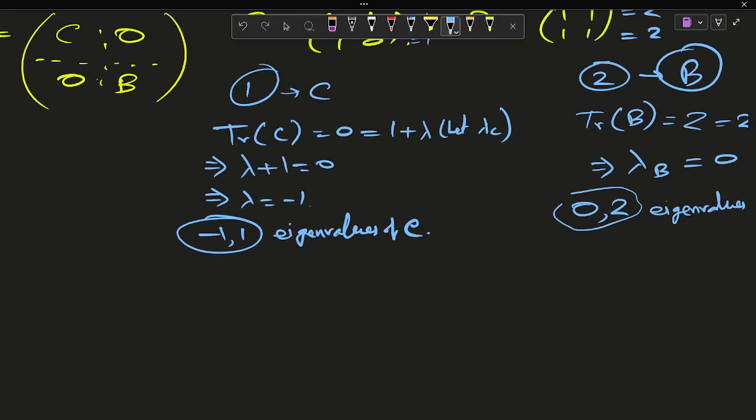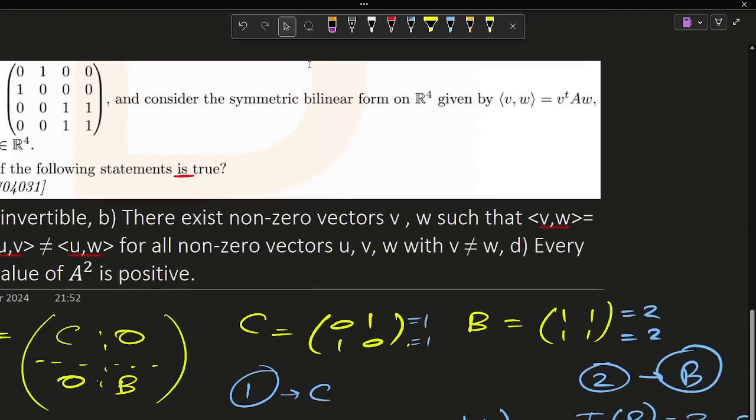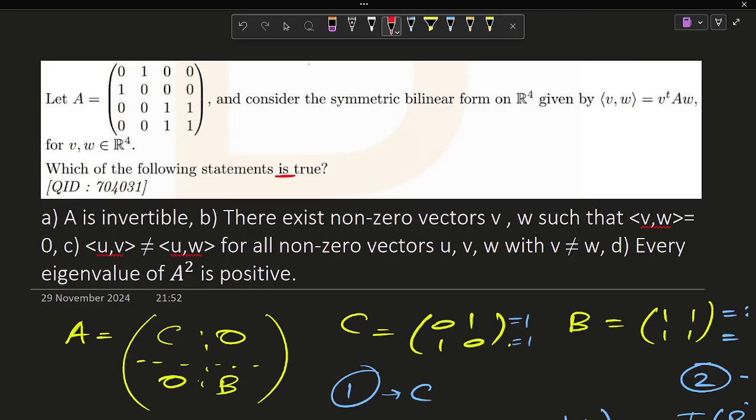So what are the eigenvalues of A? The eigenvalues of the given matrix are 0, 2, minus 1 and 1. These 4 are the eigenvalues of A. As 0 is an eigenvalue of A, A cannot be invertible, so option A is cancelled out.